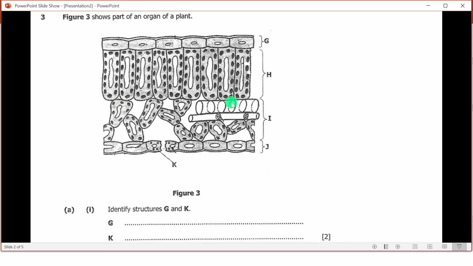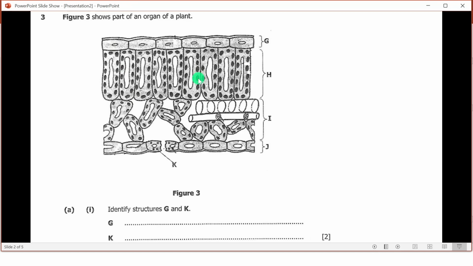When we check here, you will discover that this region H is actually below this layer G, which means that it directly receives sunlight energy, which is needed for photosynthesis. Hence, we expect photosynthesis to be high in this region.